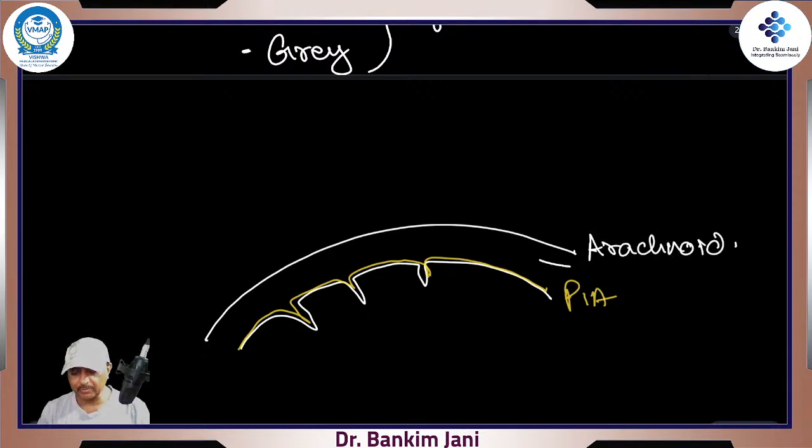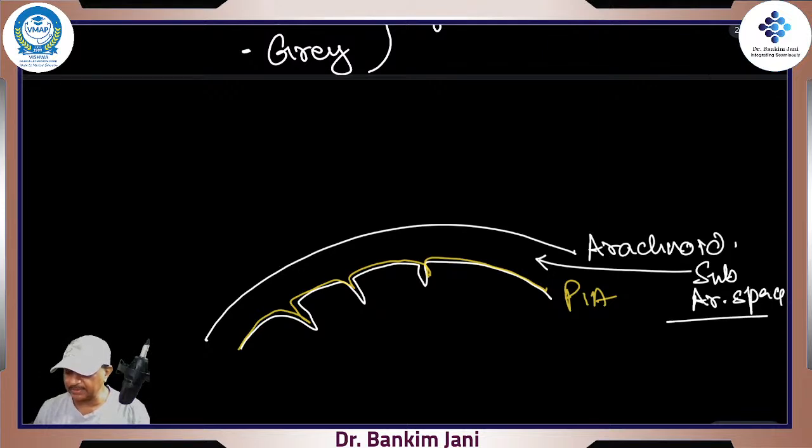In between is the area called the subarachnoid space, and this subarachnoid space is the residence of cerebrospinal fluid. After that, this is CSF. We just write CSF here.